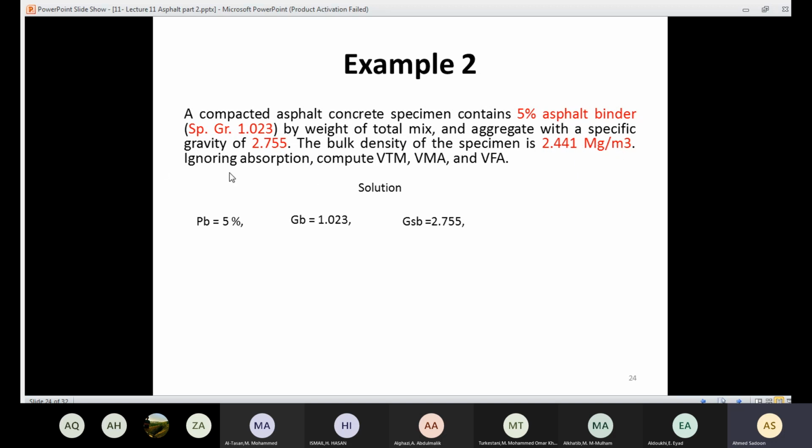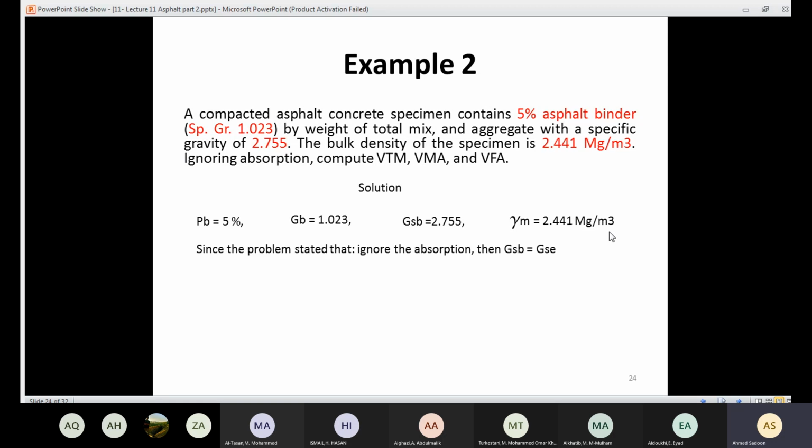It says here to ignore the absorption. If we ignore the absorption, it means that GSE is the same as GSB. So here we have the density of the bulk coming out to be 2.441 Mg per cubic meter.